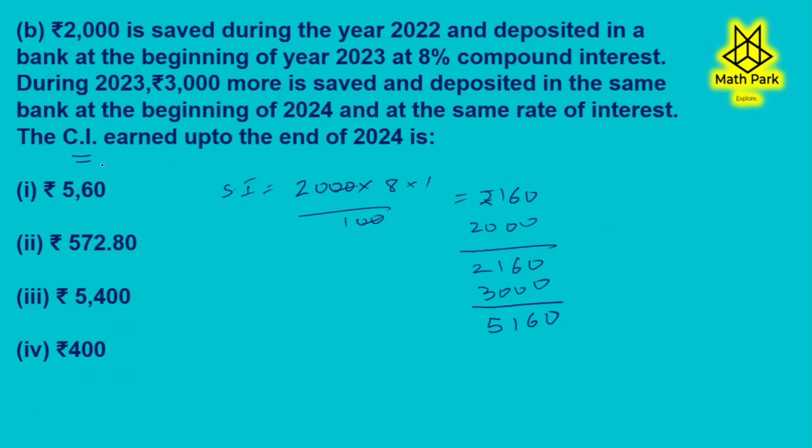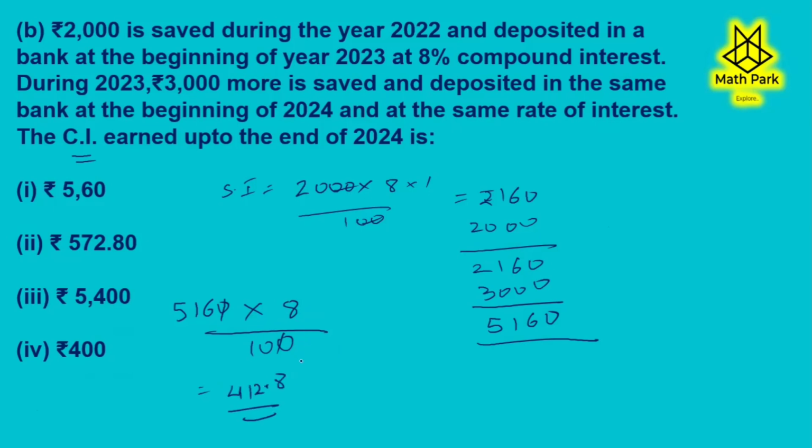Now we find the compound interest where the principal is now 5160. So 5,160 is the principal into rate, which is 8% per annum, into 1 upon 100, which we get as 51.6 multiplied by 8, which is 412.8.